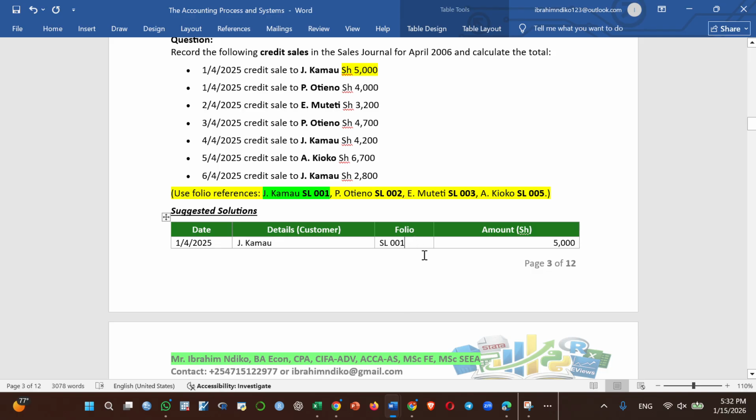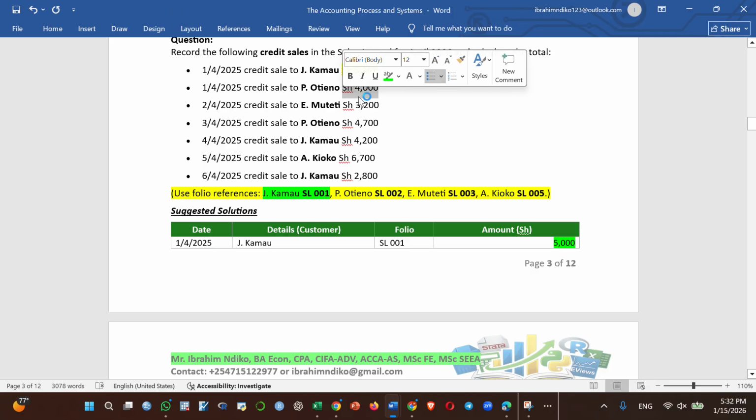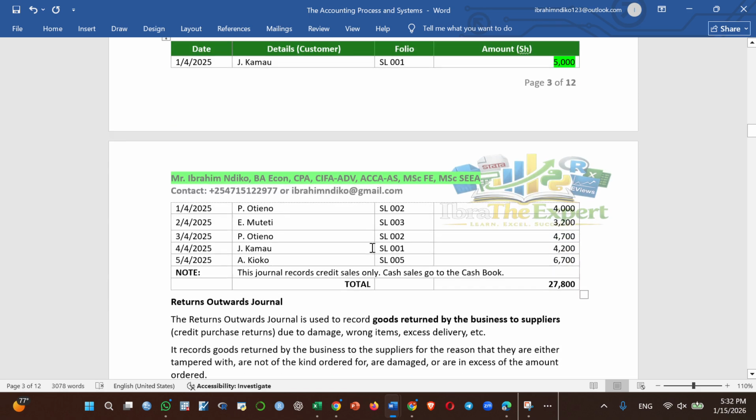We put SL001, followed by the amount of 5,000, which you can see here. Remember, there was another transaction on 1st of April, a credit sale made to P. Otieno of 4,000. So that was still on date 1.